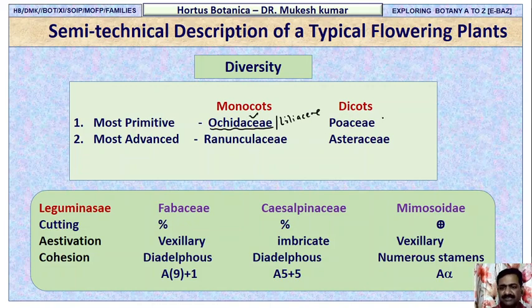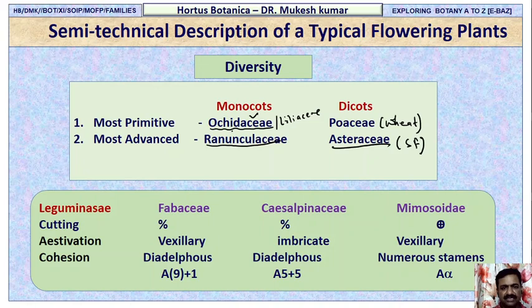And the most advanced one, you all know, this is the wheat family, Poaceae. In dicot, what we have? We have this one, this is your Asteraceae. Asteraceae, you all know, this is the sunflower family.